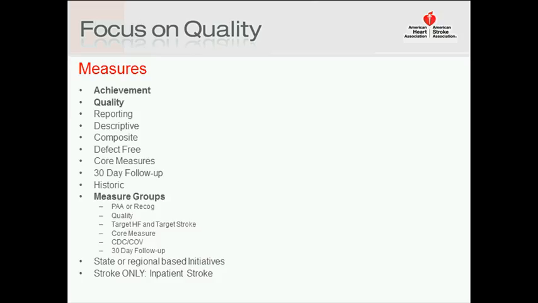So, for example, again, another heart failure example. Cardiac resynchronization therapy is one of our quality measures. But in order to determine patient eligibility for CRT therapy, you need to have documentation of what the QRS duration is.